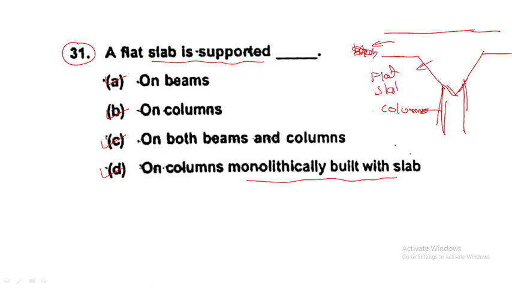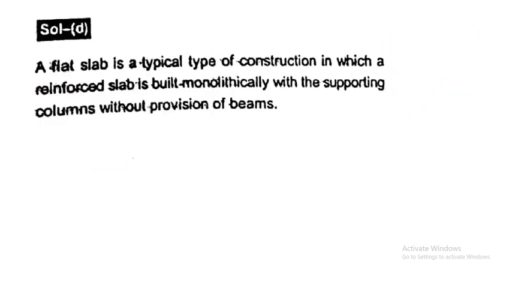So all these three, column, flat slab and the slab or beam, are built monolithically with the slab. Monolithical means they will be cast at the same time on the site. So the answer for question 31 is D. It is a typical construction in which the reinforced slab is built monolithically with the supporting columns.